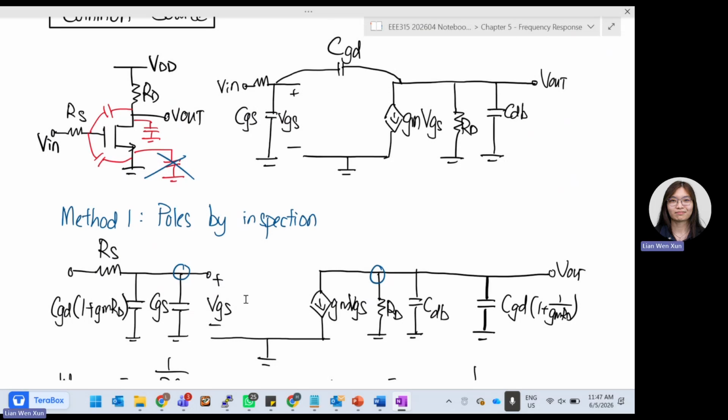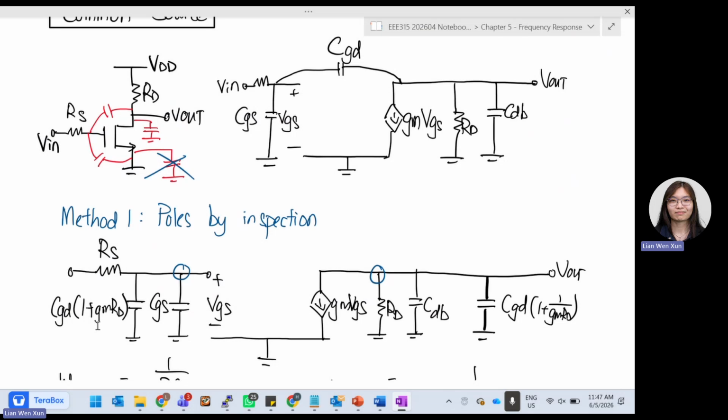So generally, we can say that we can split CGD into two capacitors. You realize I still maintain my RS, I still maintain my CGS, I still maintain my gm VGS, RD, CDB, but the middle part I split into two paths already. So I know at the left part, it needs to be plus. So Z over 1 minus A, Z is 1 over CS.